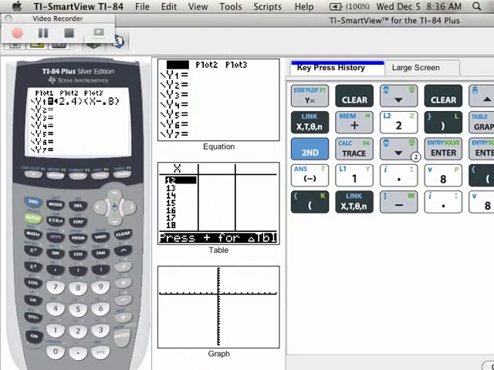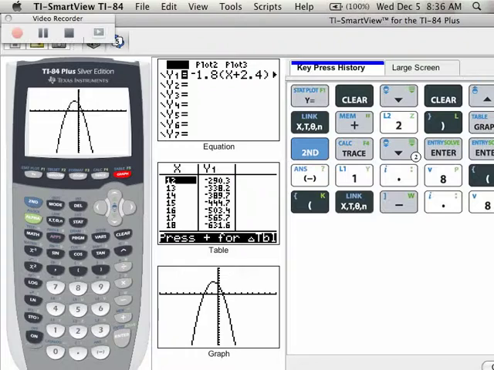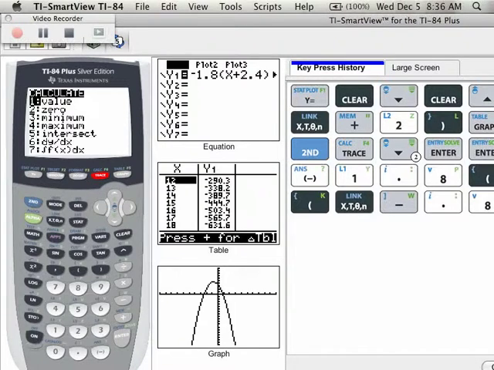And I graph that, I will see my parabola that I had in my notes, and I want to find that maximum value, the top of the parabola, the vertex. So I go second, trace, because that gives me my calculate, but now I don't want the minimum, I want the maximum.